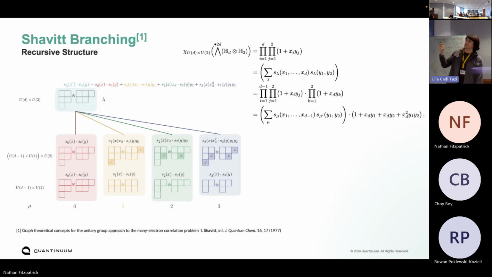And these 4 terms correspond to the branching on the Shavitt graph. I think this goes back to your point earlier, Alex, that when you're working with a linear set of equations, you can express these polynomials in terms of these 2-dimensional Young diagrams. We had to prove that this equals this, and it was a bit complicated. But we state this as a theorem with the proof in the paper. We basically proved the Shavitt branching, which is a pretty cool result, I think.